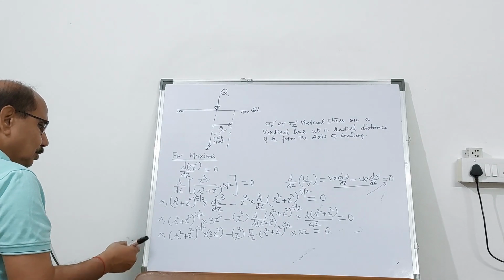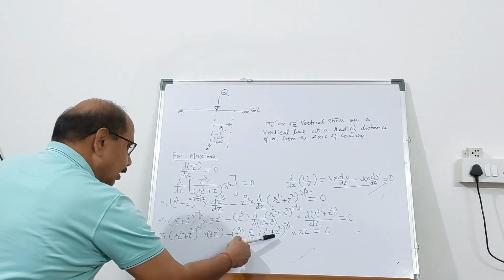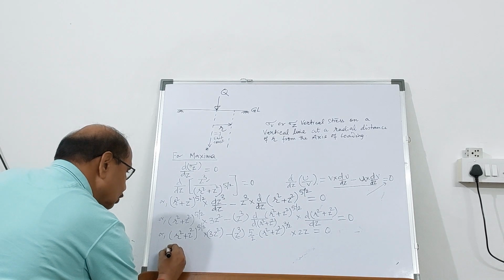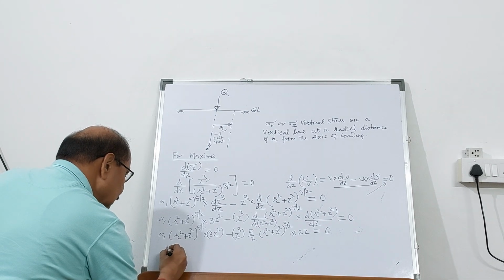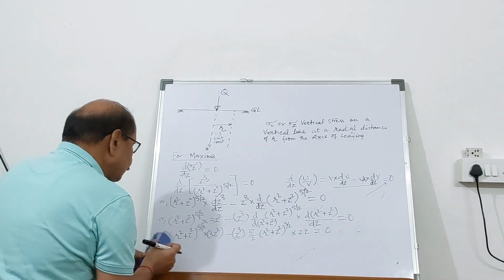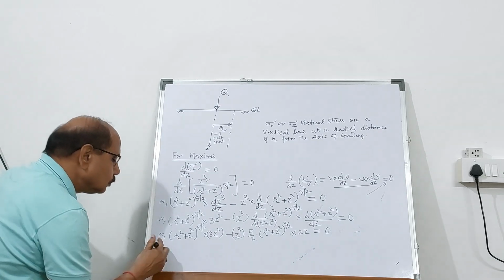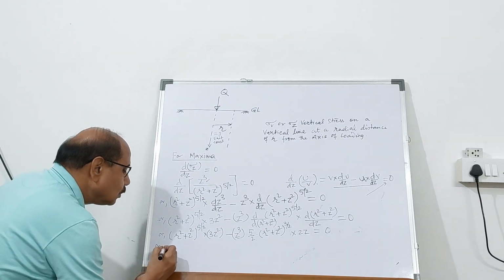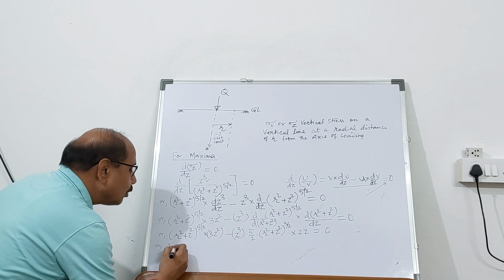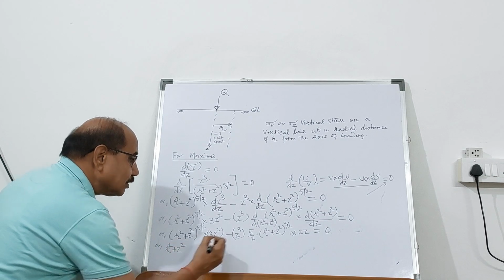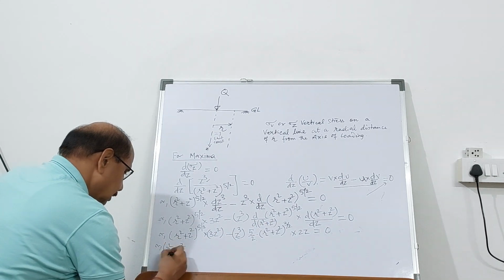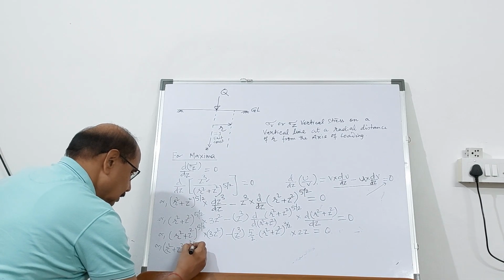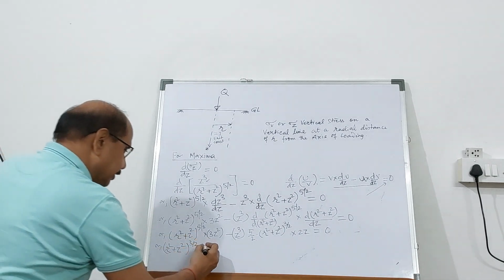So you can take it out. So r square plus z square to the power 3 by 2, let's take it common.